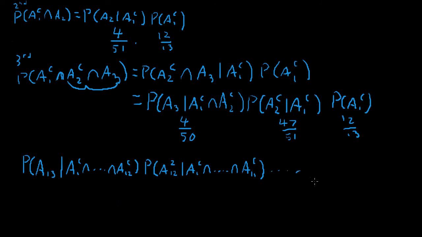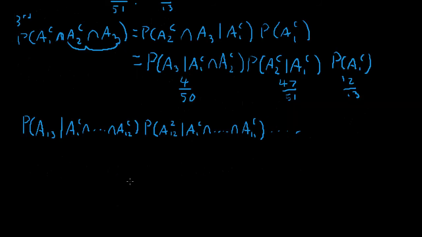We just sequentially draw: what's the probability that I didn't get an ace given that the last card wasn't an ace, what's the probability I didn't get an ace given that the last 2 cards weren't aces, and so on until I get to the 13th card and ask what is the probability that I get an ace given that the previous 12 cards were not aces. We can think of this kind of like a tree if you want.